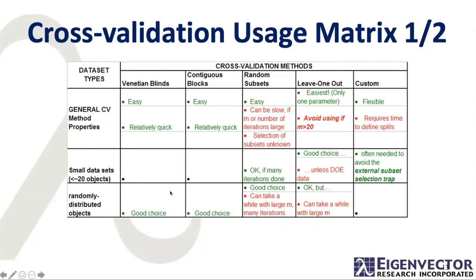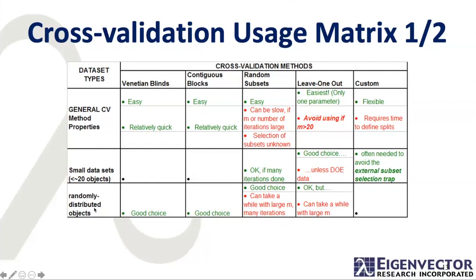If you do have small data sets, then leave one out is a good choice unless it's designed data, that is, if you have a DOE with corner points that you shouldn't leave out, then you need to think about that. And often you need to do custom in this case to avoid the external subset selection trap.